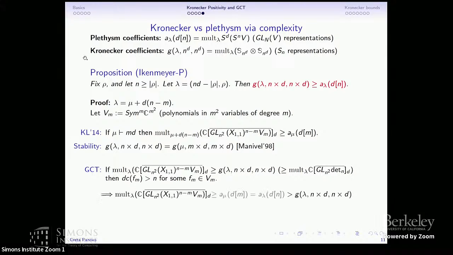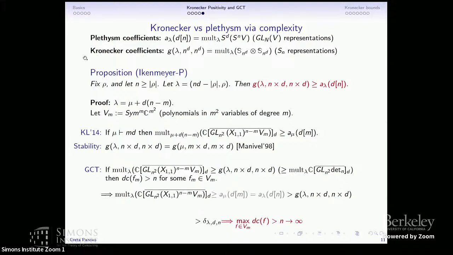Okay, and now we just argue by contradiction. If our Plethysm coefficient is bigger than the Kronecker coefficient, then in particular the multiplicity of lambda in this ring is greater than the Kronecker coefficient, then bigger than the multiplicity in the determinant ring, which is this delta, which means that there exists some polynomial of degree m in m squared variables which has determinantal complexity bigger than n.